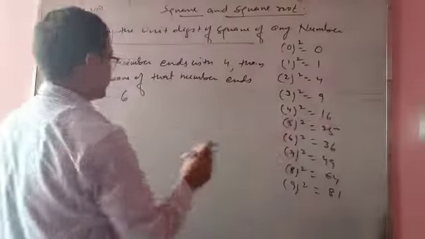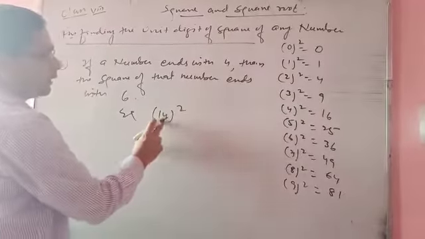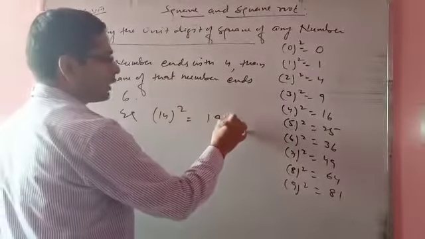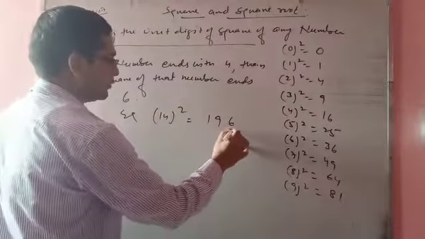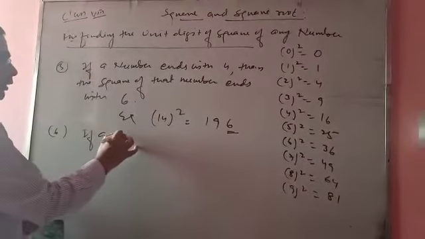Here it is 4, 6. For example, 14. This number ends with 4. Then its square is 196. 6 ends with 6.